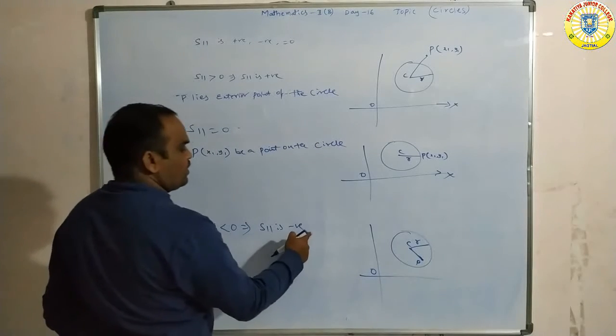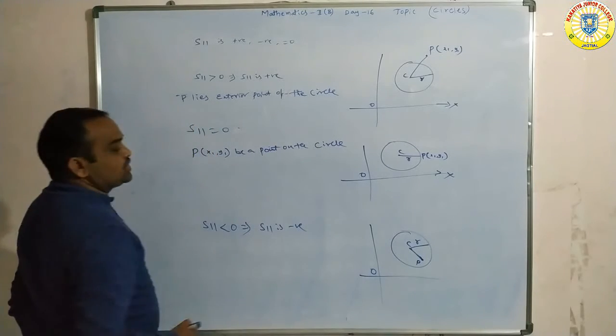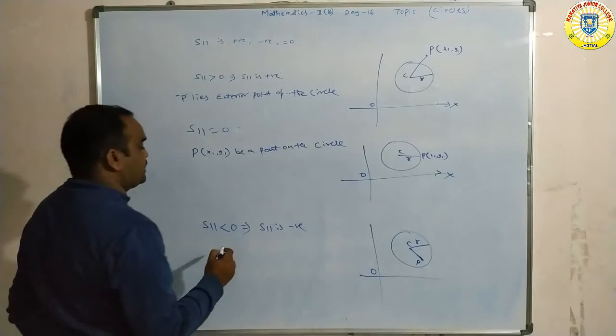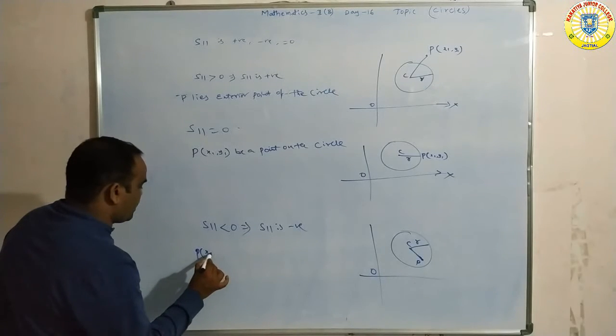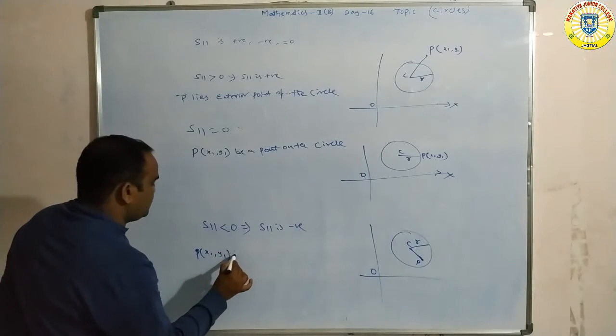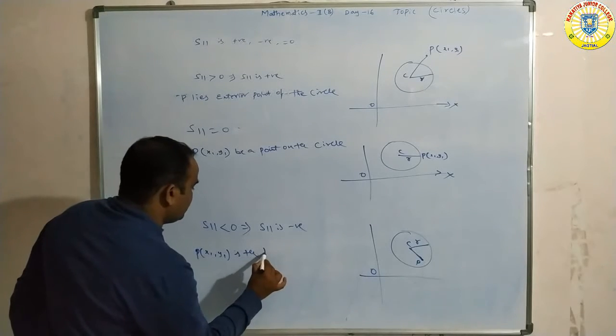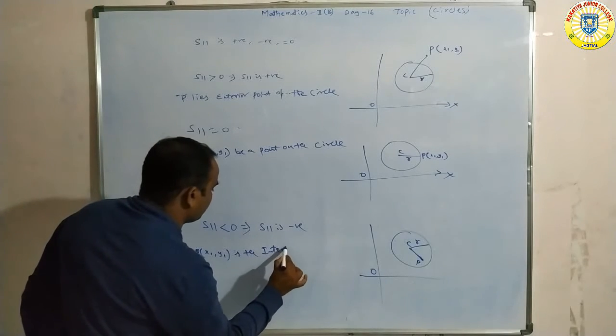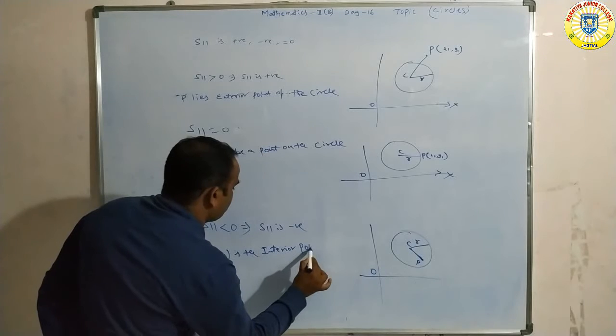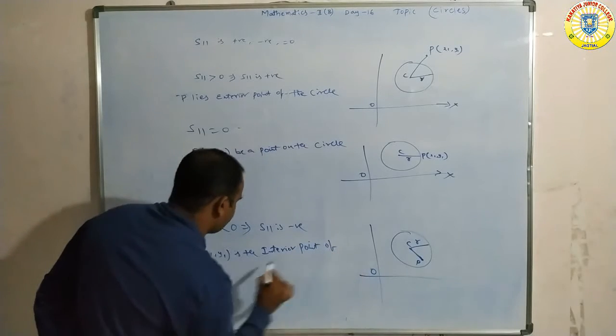S11 is a negative value, so P of x1, y1 is an interior point of the circle.